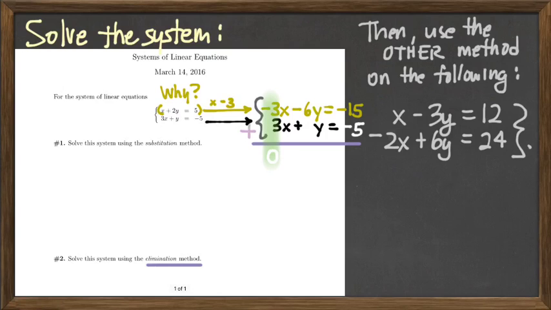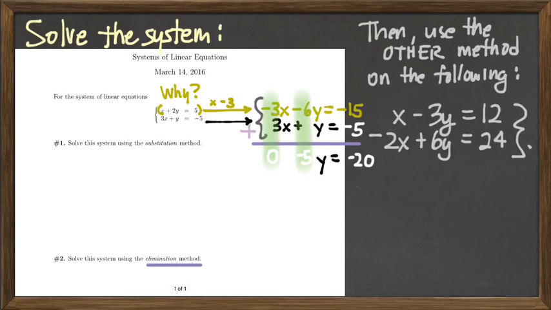And so my x's don't survive that process of adding these two equations together because the coefficients were equal and opposite. But when I do that, I still end up with some y's. -6y plus y gives me how many y's? Yeah, -5. So -5y. And then -15 plus -5 gives me -20.